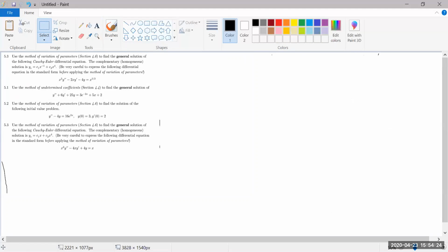Okay, so the next is 5.2b. It's already in standard form, so that's great. And we're going to solve it using the variation of parameters. Okay, so let's start by doing our characteristic equation.